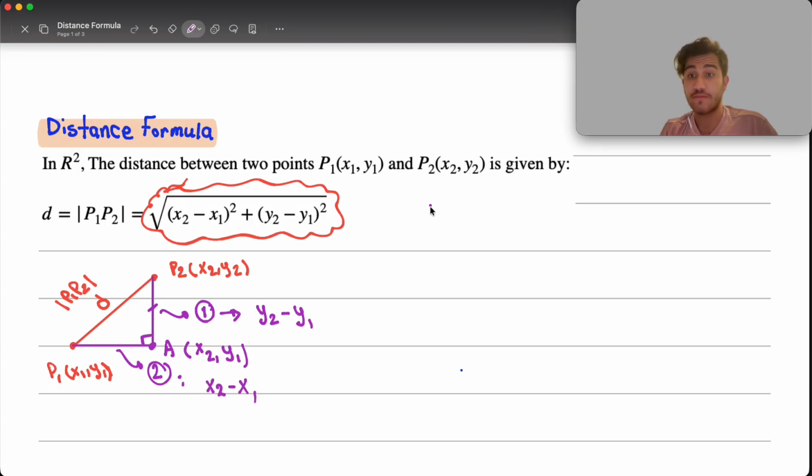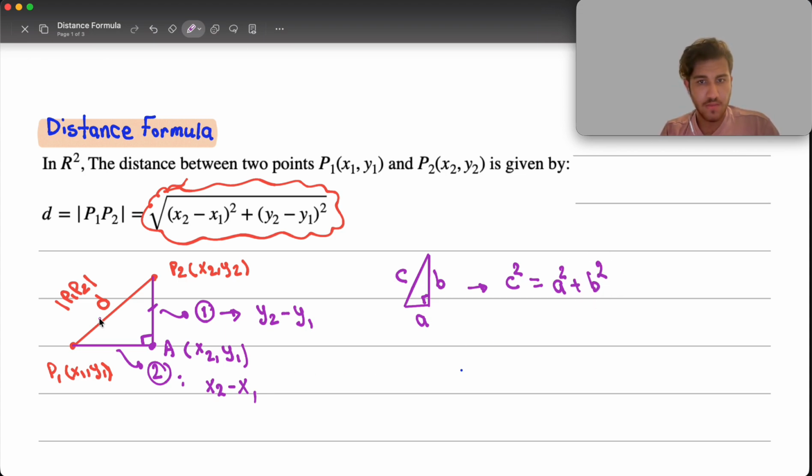Then according to the Pythagorean theorem, if I have a right triangle, this is not really a right triangle, but I'm trying my best to form one, and this is c and this is a and b, then the Pythagorean theorem states that c squared, which is the hypotenuse squared, is equal to the sum of the squares of the other sides. So it's going to be a squared plus b squared right here.